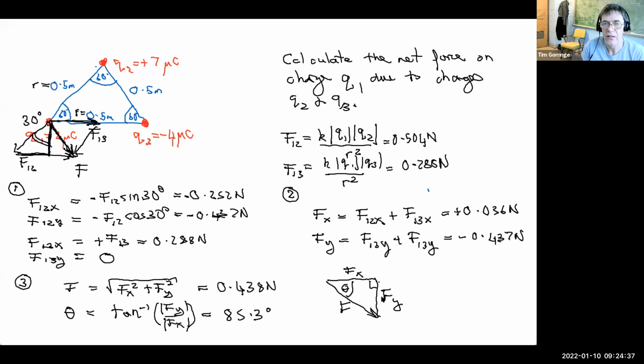Anyway, I wanted to show that as an example of Coulomb's law. But in this problem, more importantly, the superposition principle. Coulomb's law is just the force between a pair of point charges. To solve more complicated problems where we had several charges, as in this problem, you need to supplement it with the superposition principle, which simply says that the resulting force, the total force, net force, is the sum of all the individual forces acting on a particular charge.